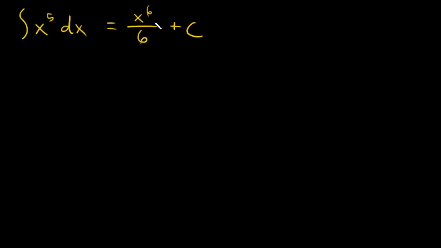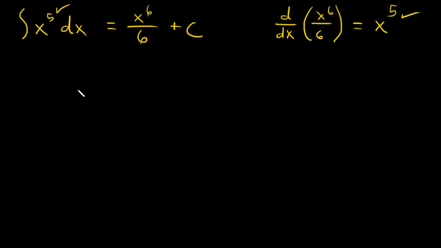And I can always check it by differentiating. So if I differentiate my answer, x to the sixth over 6, do I get what I started with? Well, 6 times 1/6, which is what this would be, would become a 1. And then I subtract 1 from the exponent. What do you know? It's the same thing. Alrighty?